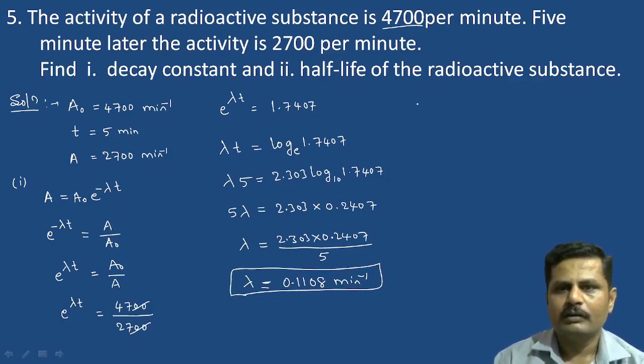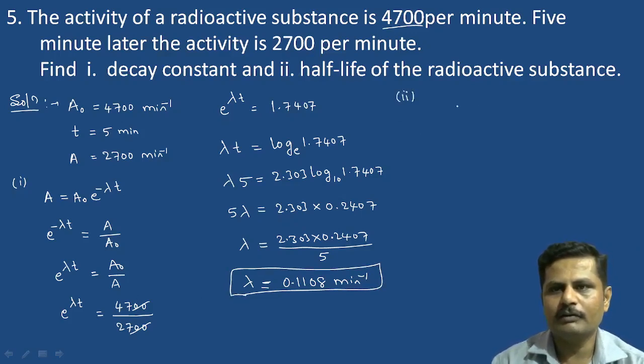Okay, now let me go to the second part, that is the half-life of the radioactive substance. We know the relationship between half-life and decay constant: the half-life period of the radioactive substance equals 0.693 divided by the decay constant.